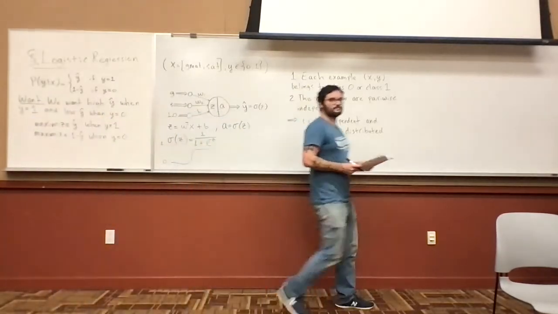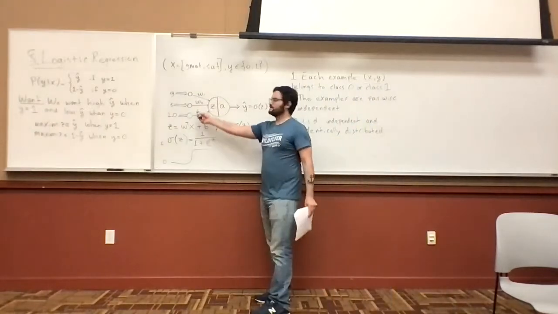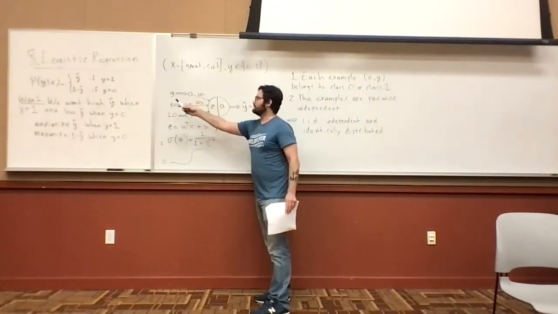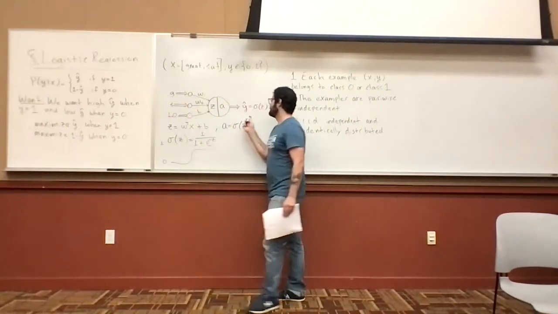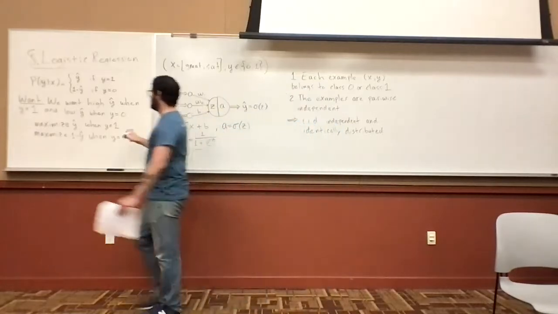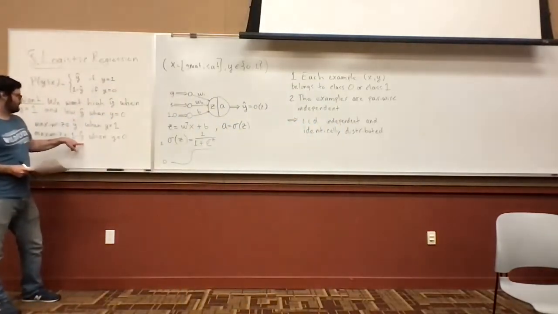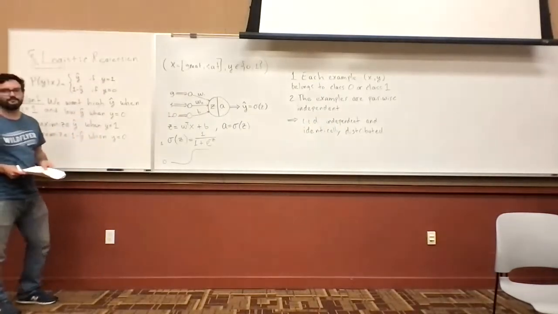Okay, so let's go back to what we're doing. We're feeding forward into this single neuron GMAT, SAT scores, and a bias, and we're spitting out a probability. We want this to be high when the label is equal to 1, and we want 1 minus y hat to be high when the label is equal to 0.